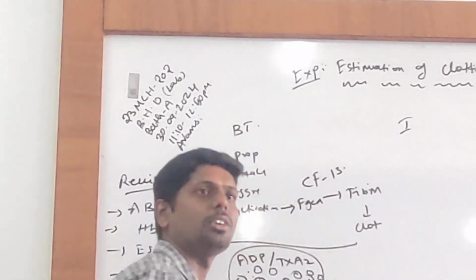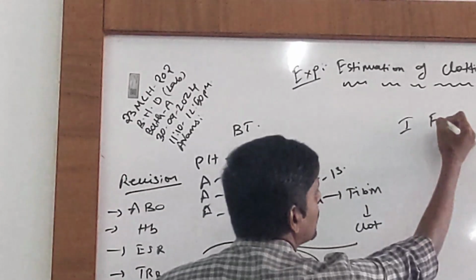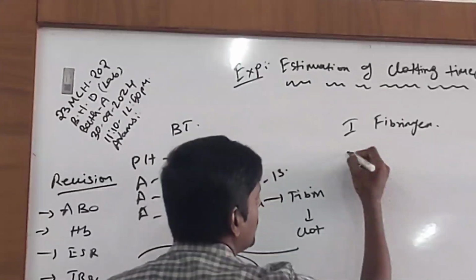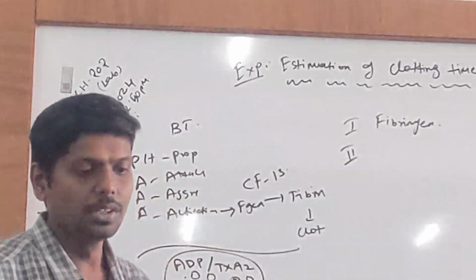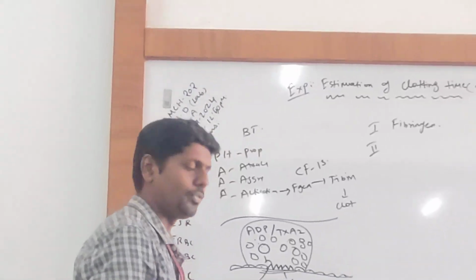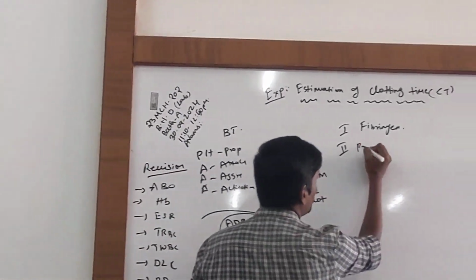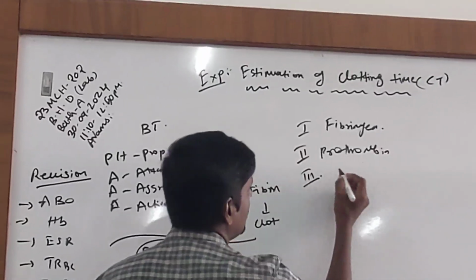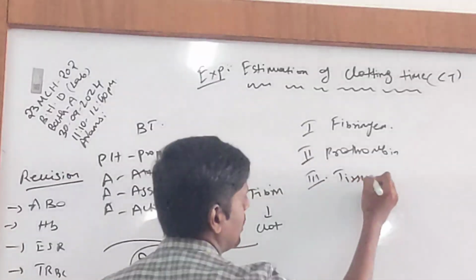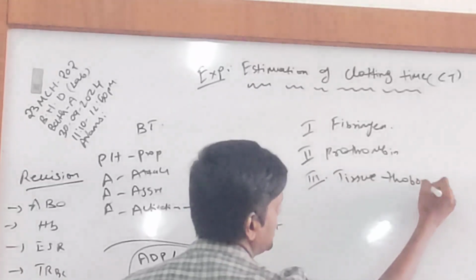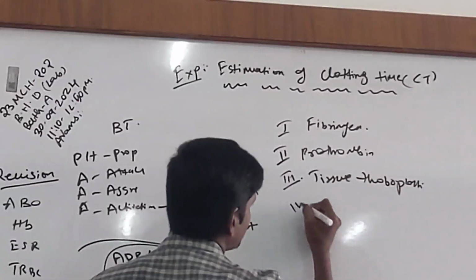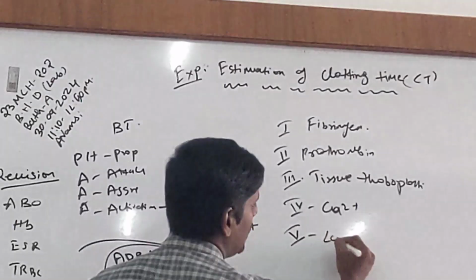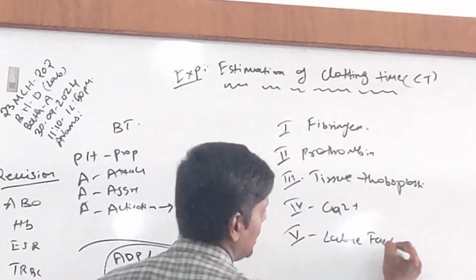Tell me, students, clotting factor 1. Everyone write down these things. One is fibrinogen, then prothrombin, then tissue thromboplastin, then calcium, then 5, labile factor, then 6.